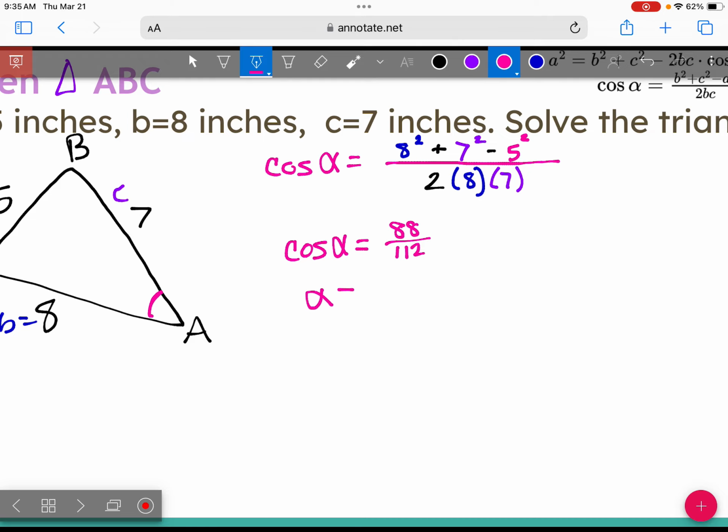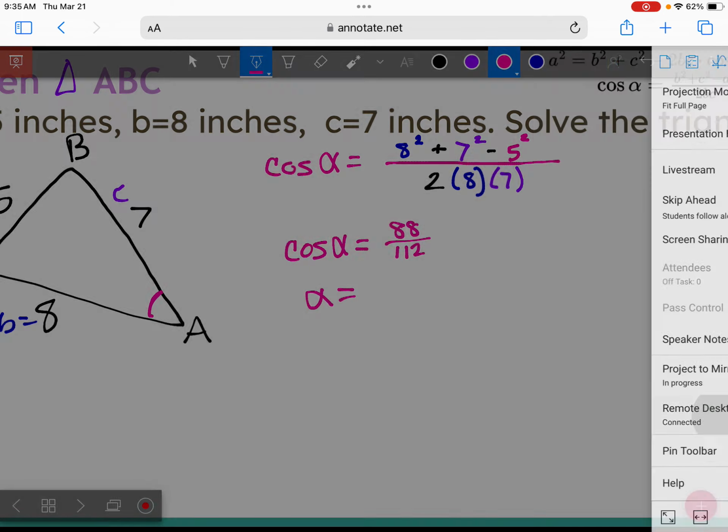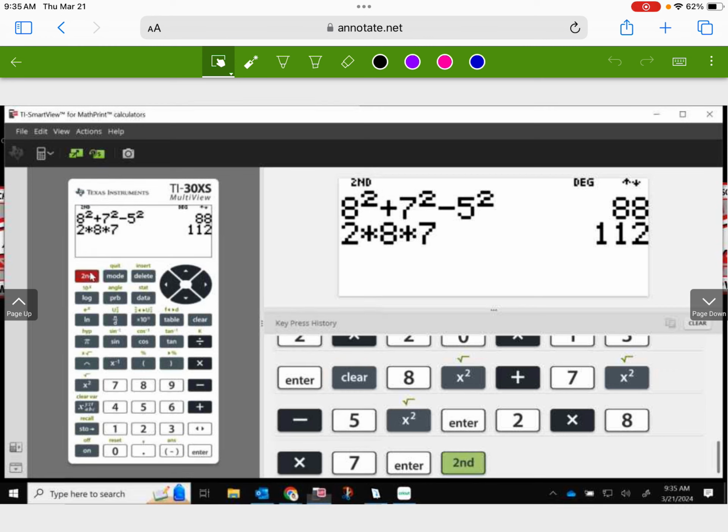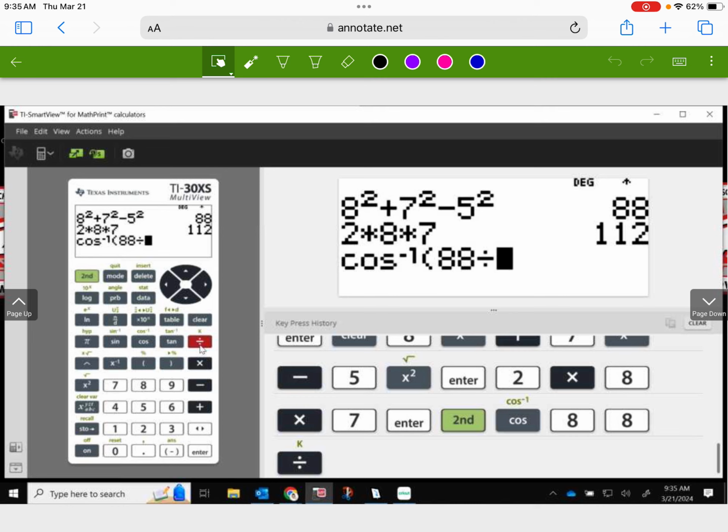So alpha is going to be arc cosine, or inverse cosine of 88 over 112, or 88 divided by 112.